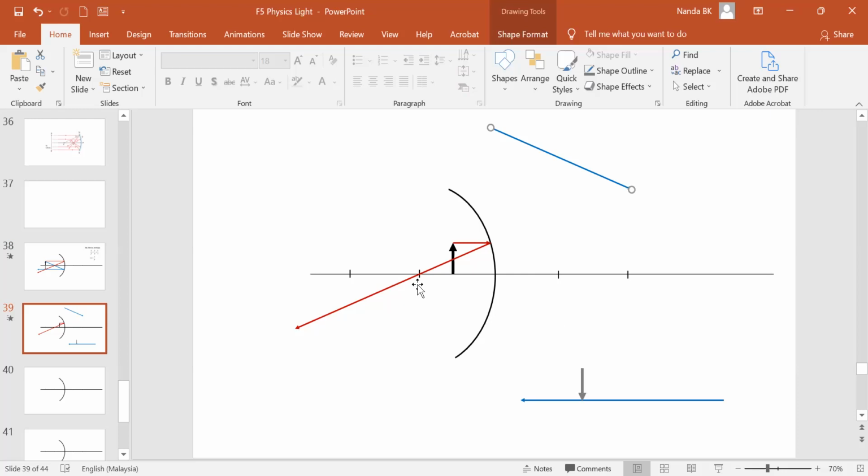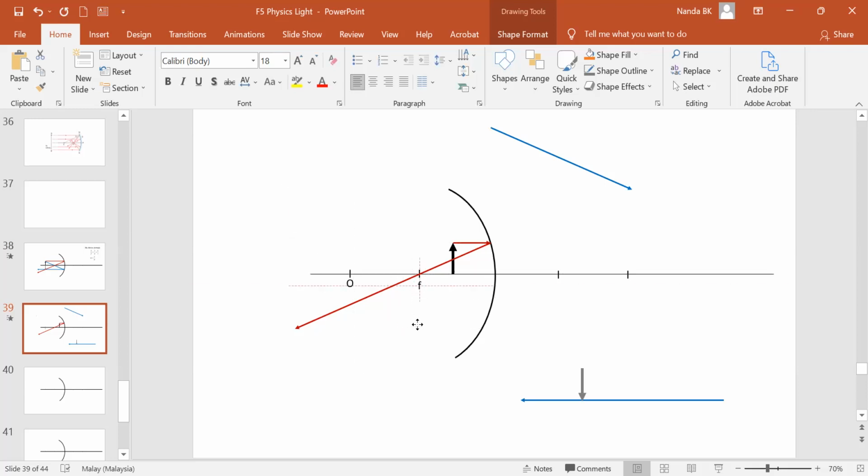Now here, this is called focus. You see, this is focus. This is called the center. The O. So how you know it's O? Because the O is normally 2 times the focus.